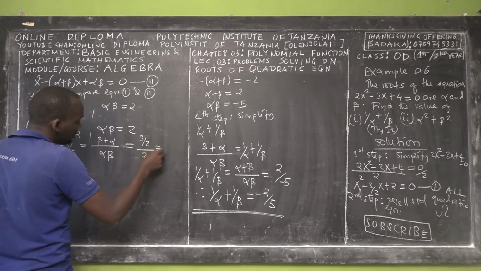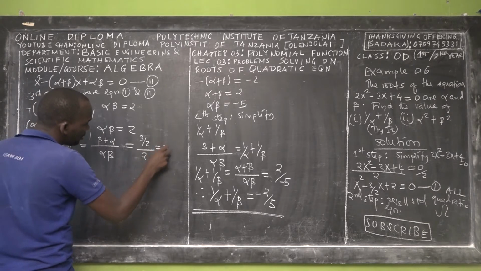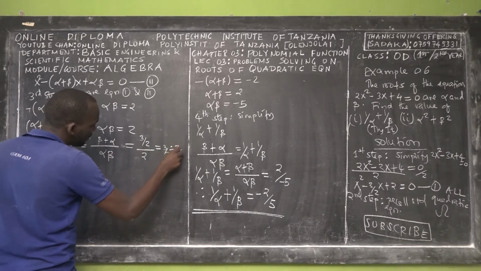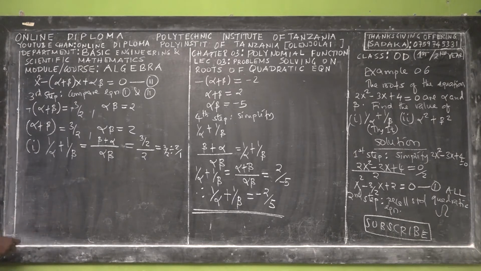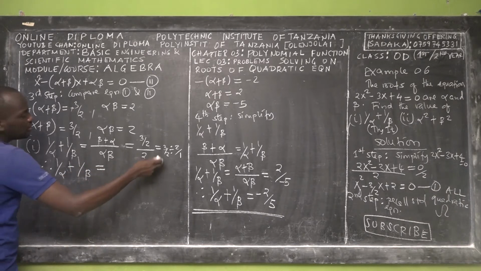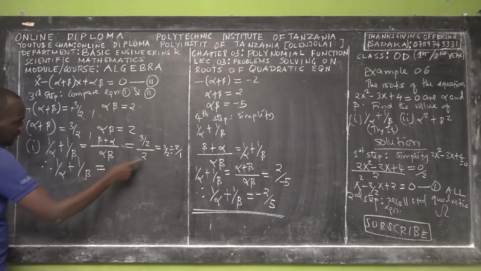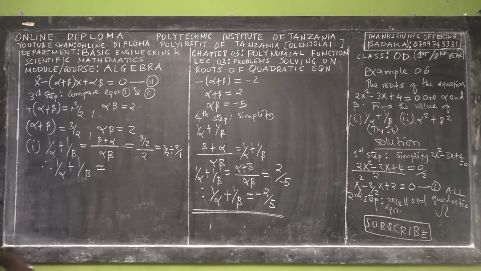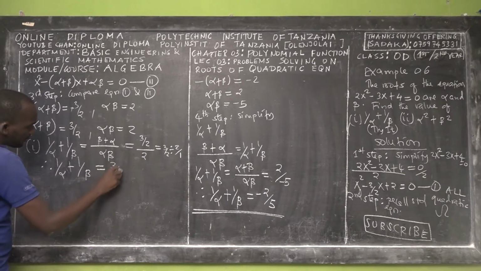So simply, don't get confused with this expression. It's 3 over 2 divided by 2 over 1. Therefore the value of 1 over alpha plus 1 over beta is 3 over 2 times 1 over 2, so the answer is 3 over 4.